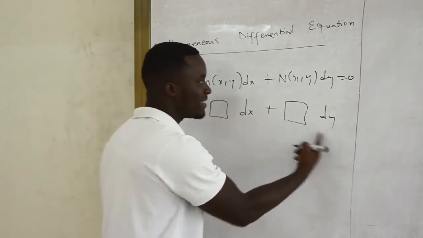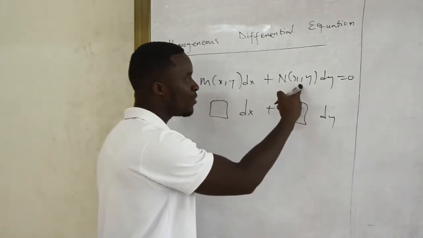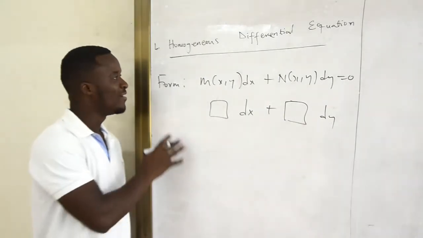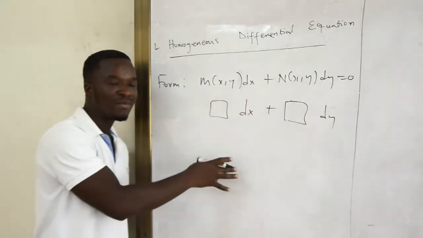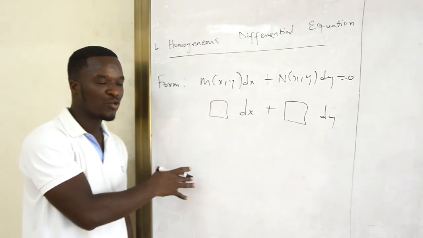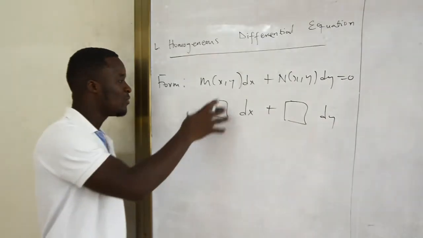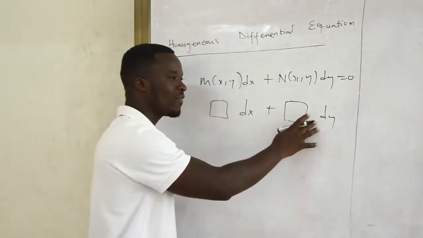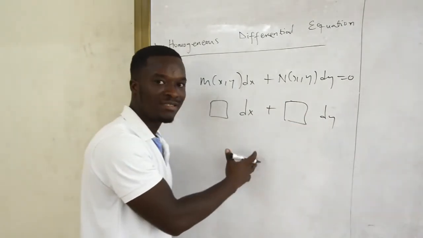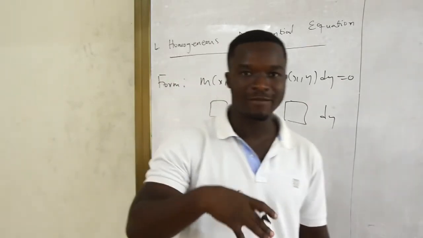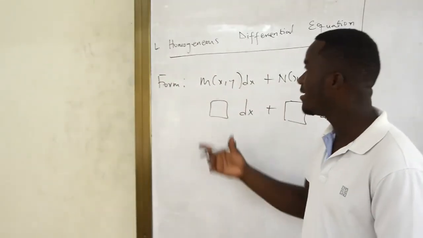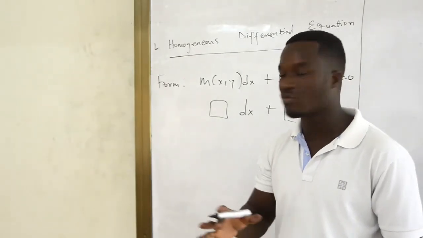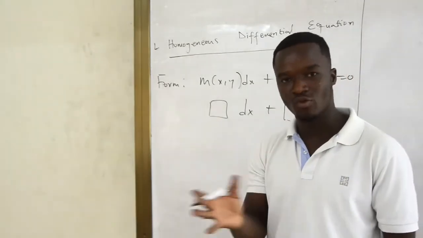The one multiplied by dy will be your n of x, y. And for you to show that a given problem is a homogeneous differential equation, first, m must be a homogeneous function, and n too must be a homogeneous function. Then compare the two cases. If their degrees are the same, then you can say that yes, indeed, this differential equation is a homogeneous differential equation. So now let's try to solve two or three questions.